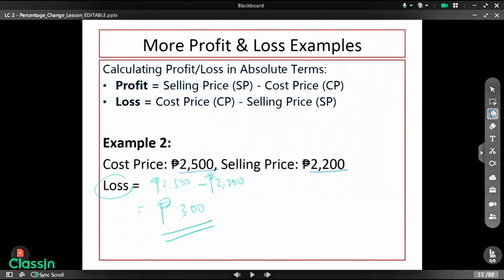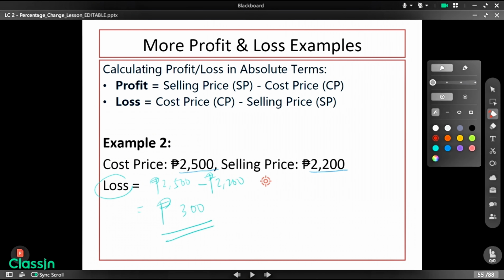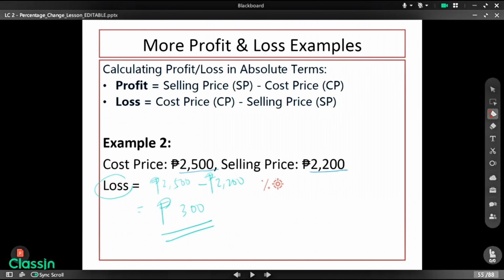What about here? What is the percent of loss? Again, this is loss all over cost price times 100. 300 divided by 2,500 times 100. The answer is 0.12 or 12%.